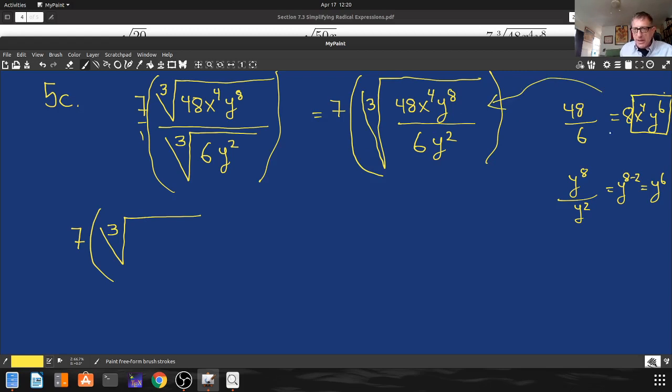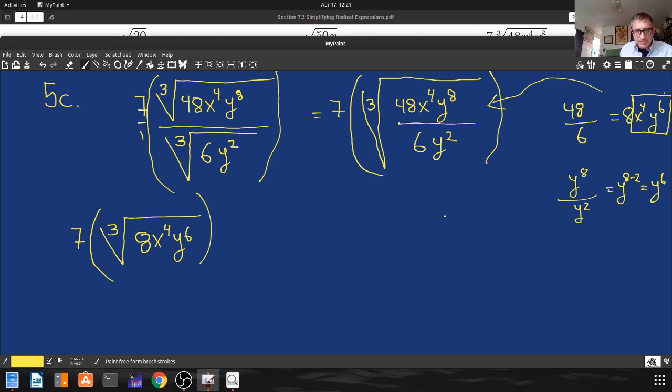So this is the same as 8 times x to the 4th y to the 6th. So 48x to the 4th y to the 8th divided by 6y squared is equal to 8x to the 4th y to the 6th.